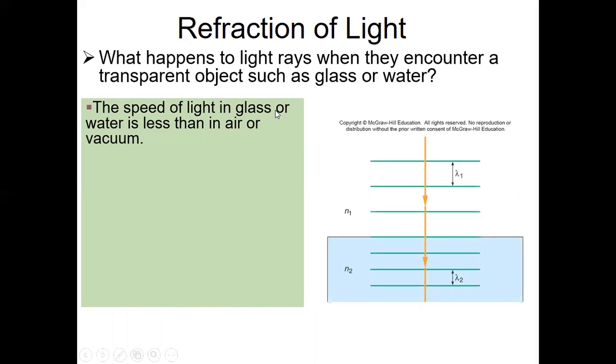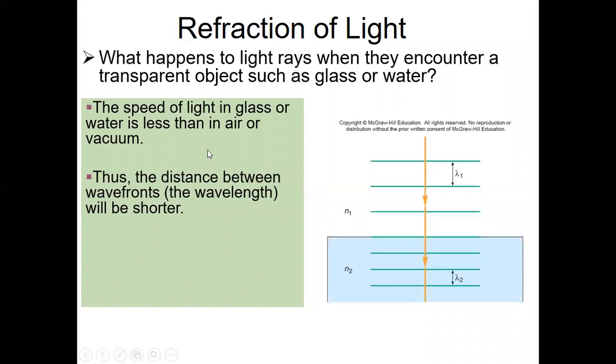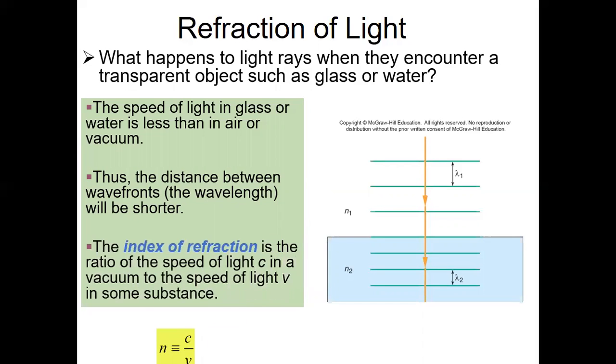The speed of light in glass or water is less than in air or vacuum. So the distance between those waveforms that I mentioned earlier will be shorter. It has a shorter wavelength when it's going into denser material like glass or water. Then the index of refraction is the identity of this refraction quality of the materials.